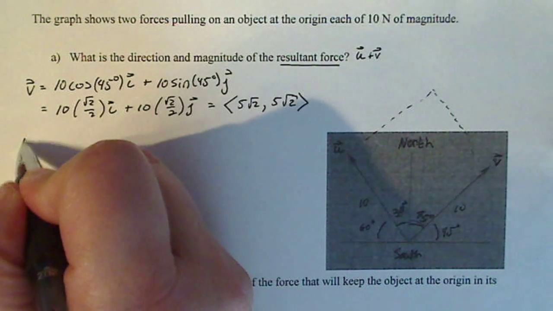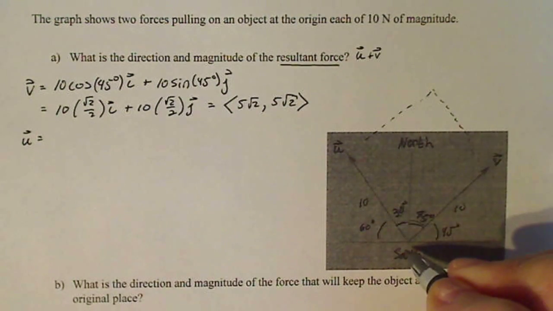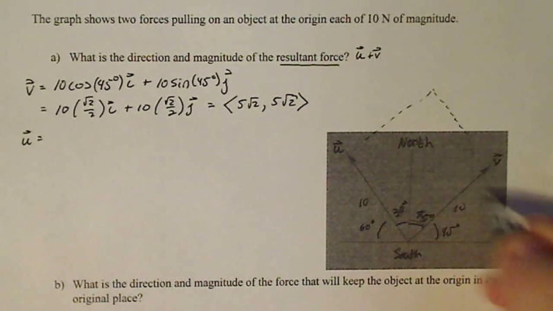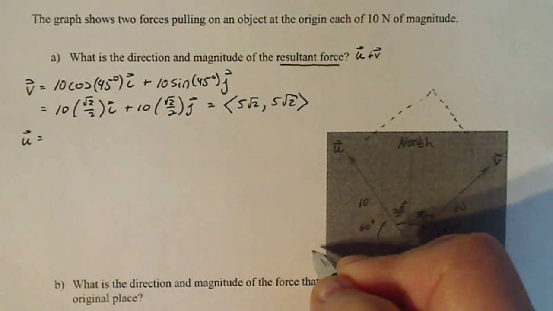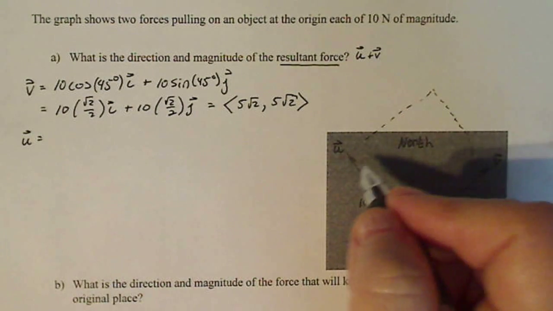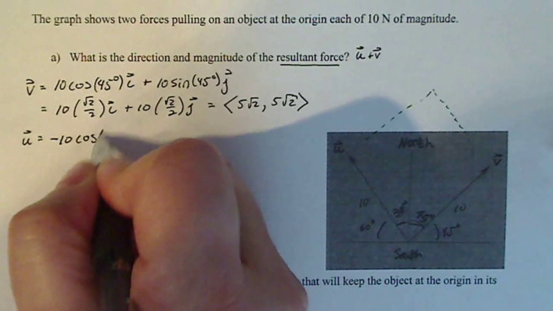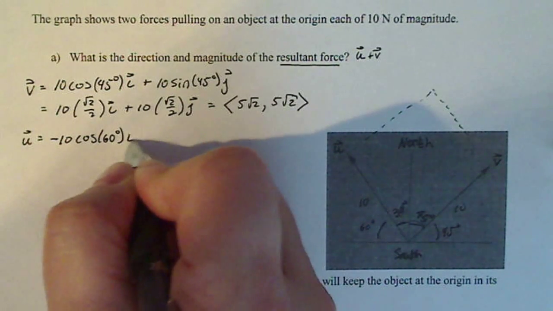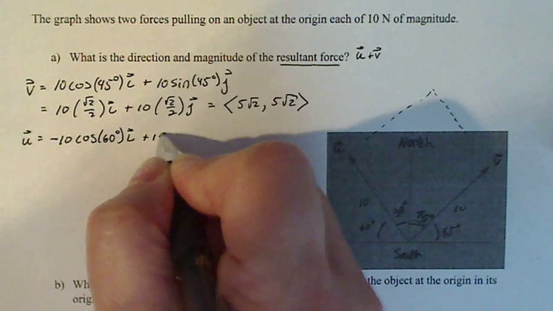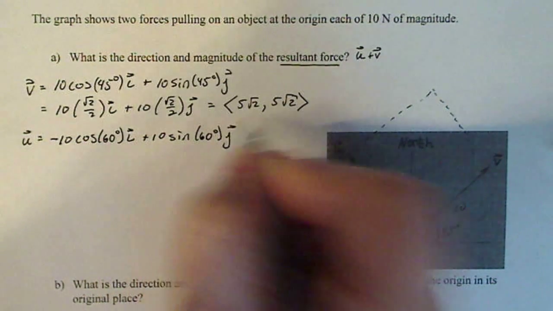If I do the same thing for u, now this is in the second quadrant, so the i component is negative and the j component is positive. So I'm going to have negative 10 cosine of 60 degrees for i, and then 10 sine of 60 degrees for j.